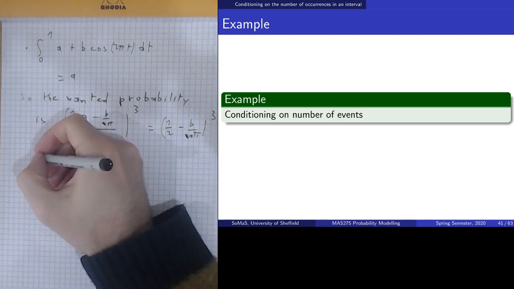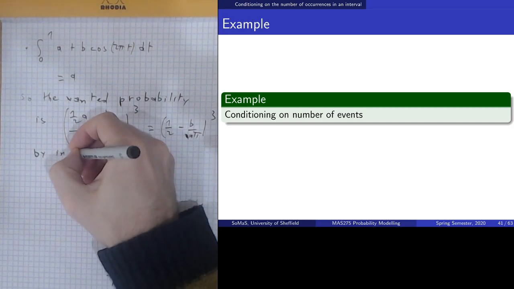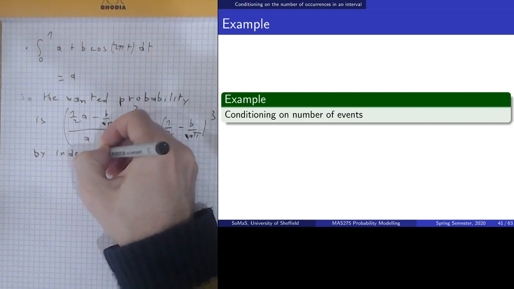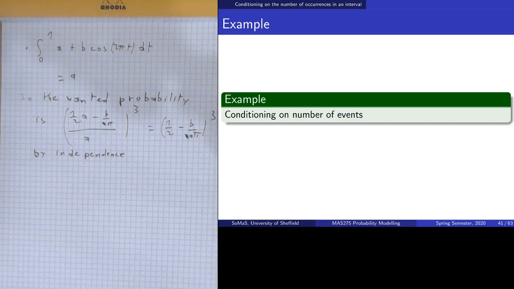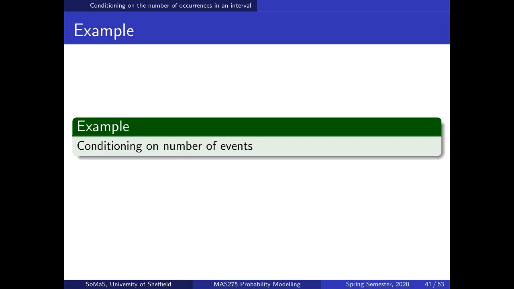So you should write by independence, just in case. Explain where this cube comes from. All right. So we're done with this conditioning on the number of events happening.